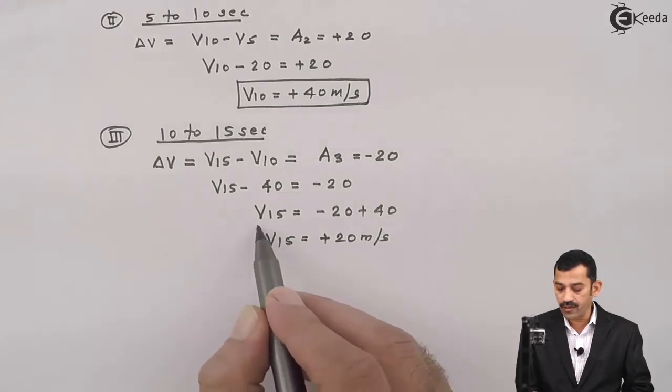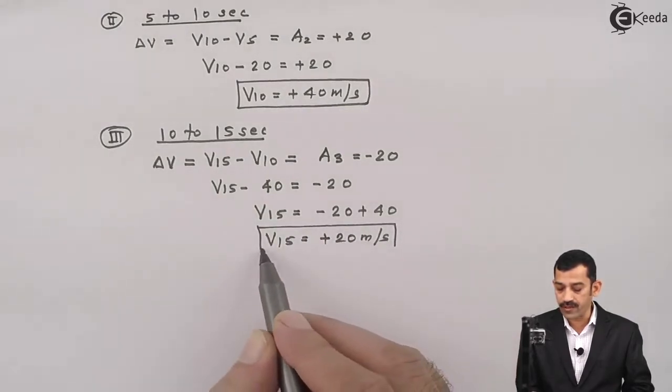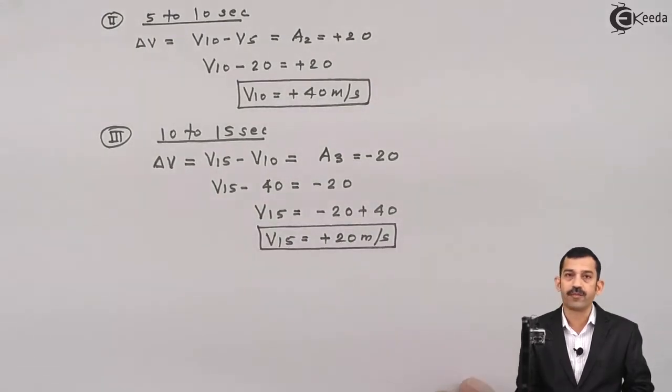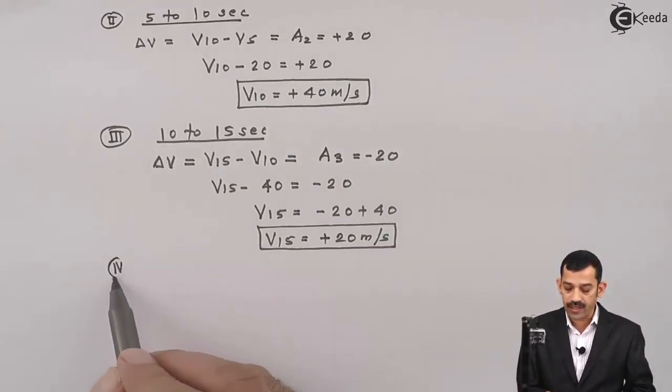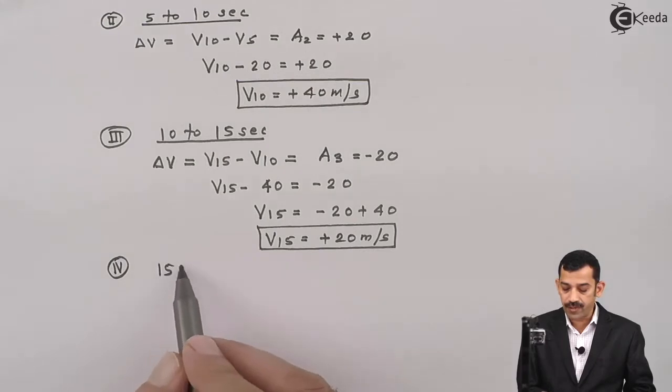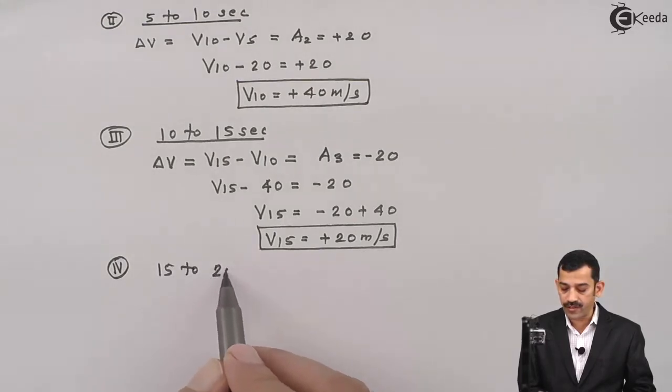See, now you are getting velocity at all the time instances. Only one time instant is remaining now, at 20 seconds. For that one, we will take the next time interval, that is 15 to 20 seconds.